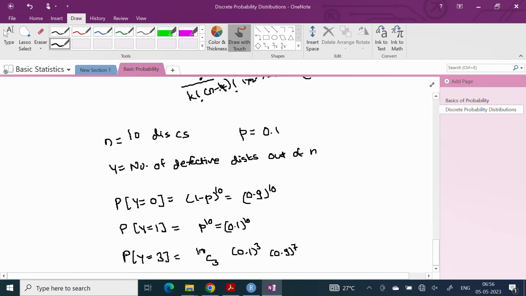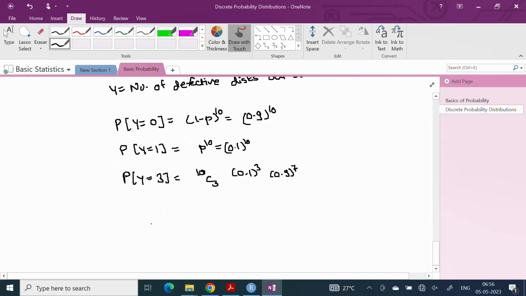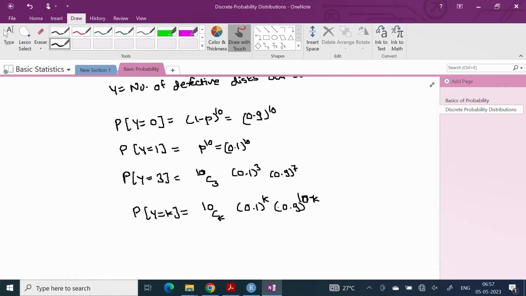So the probability of k disks being defective out of 10 is given by 10 choose k, 0.1 raised to k, and 0.9 raised to n minus k, where n is 10, so 10 minus k. So these are the chances of k disks being defective. So if someone asks you what are the chances of 5 disks being defective, this is what you give.